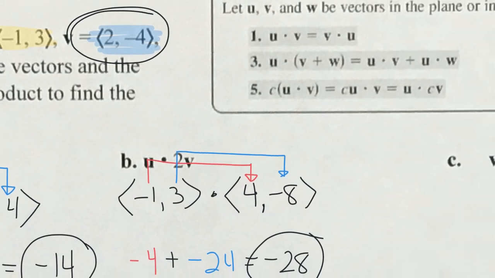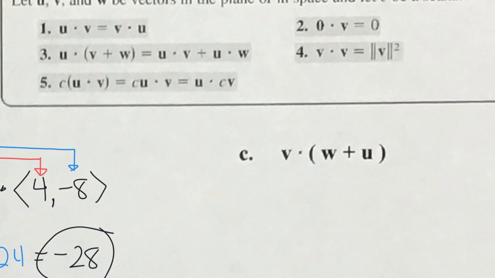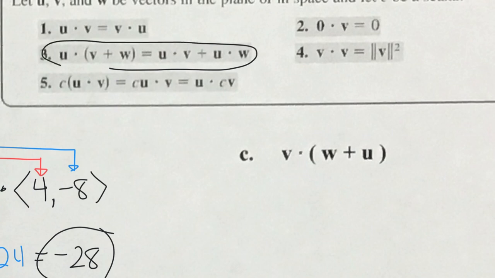And our third example looks like it is using property number 5 from up above, right? So here's property number 5. Nope, that's not it. We're using property number 3, the distributive property. So we're going to distribute this into both of our vectors. So v dot w plus v dot u. That's basically the distributive property of the dot product.